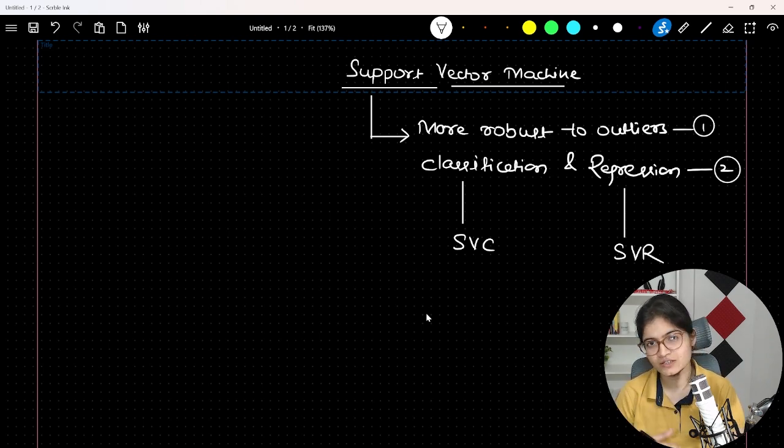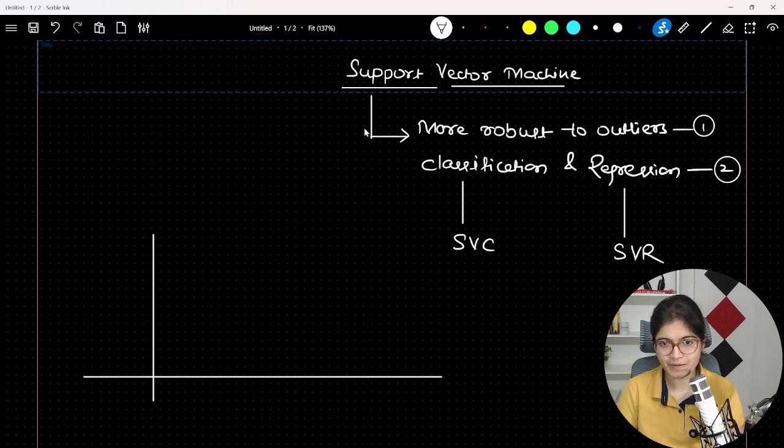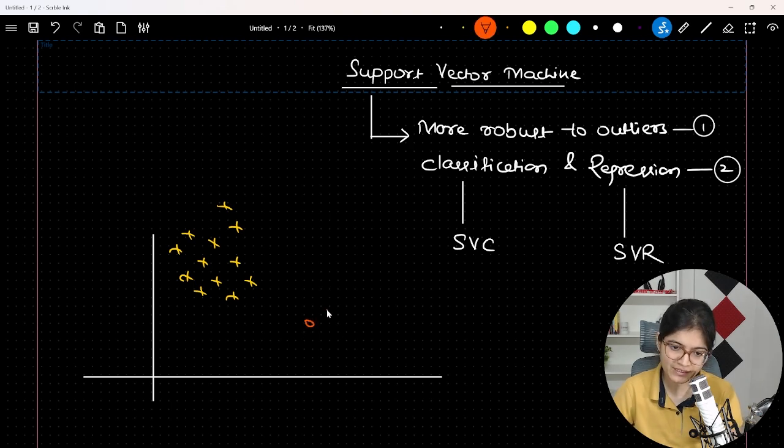In the previous modules, we talked about logistic regression, if you remember. And we have seen how logistic regression works to classify the data points into two categories. For example, let's say we have two classes. One class belongs to this kind of points, and then let's suppose there is another class which belongs to maybe this part, right?